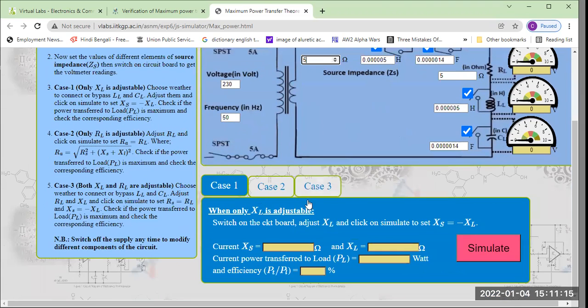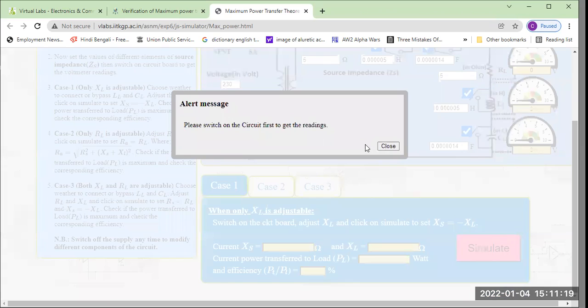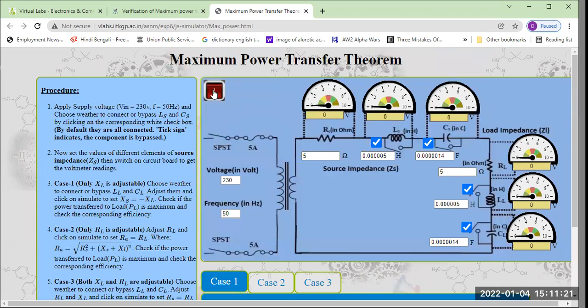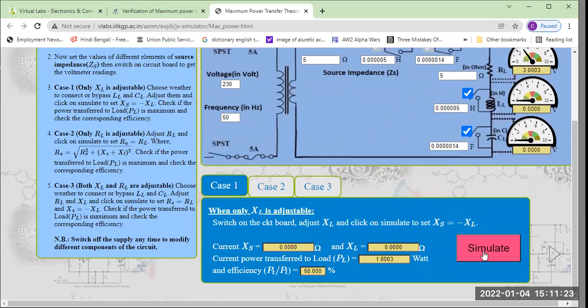Now we have to examine what the wattage is. Just click on this, okay, simulate. You can see the wattage is 1.8003 watt. So just write it down. In the first case, your wattage is 1.8003.